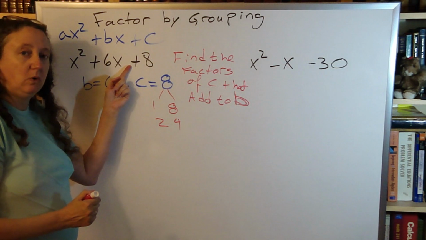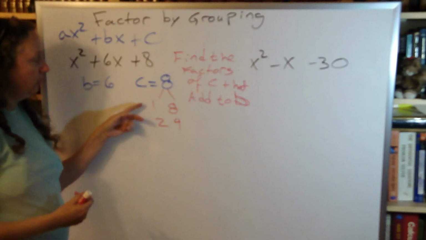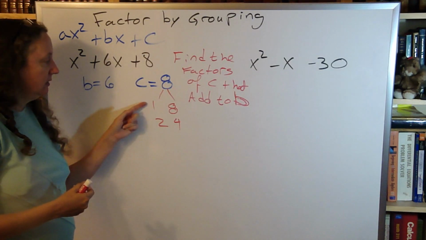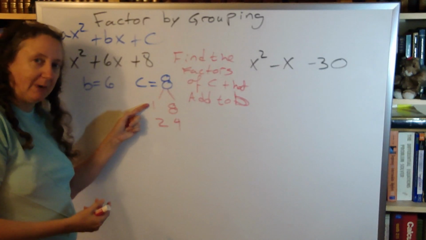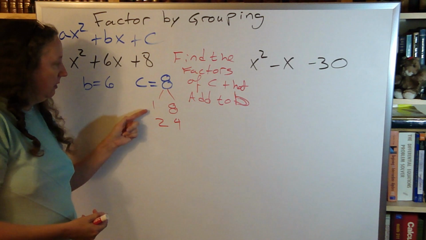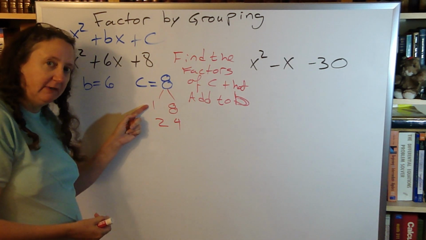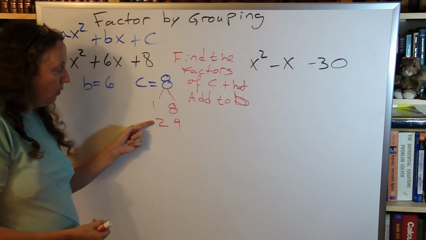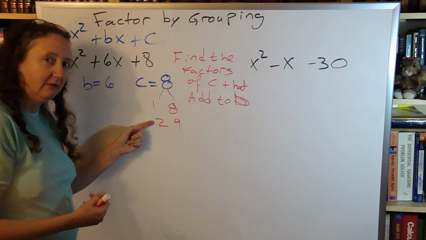I want it to equal positive 8, so either these have to both be positive, or they have to both be negative. Positive 1 times positive 8, or negative 1 times negative 8. Positive 2 times positive 4, or negative 2 times negative 4.